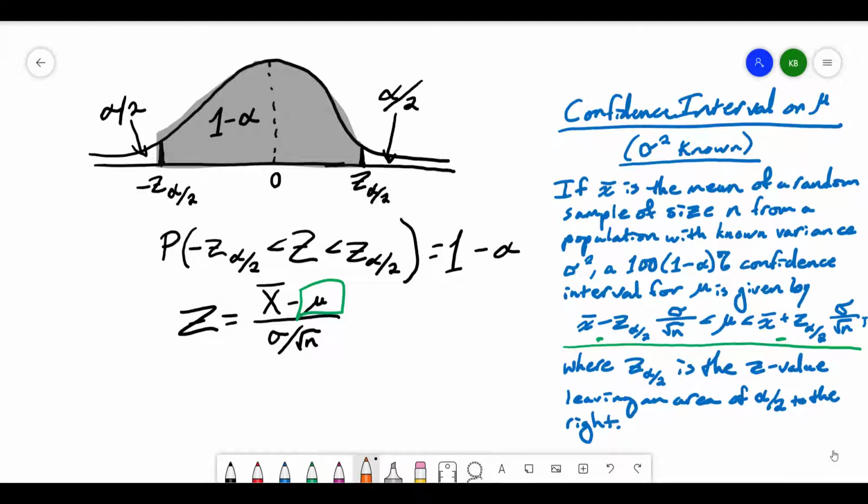So this looks like a lot of variables being thrown around, but what's going to happen is you're going to be able to find your z sub alpha divided by 2 using the table that we used for the normal distribution. The sample size is going to be given to you, so you'll know n. The variance is known and will be given to you, so you'll just be taking the square root of the given variance to find the standard deviation here.